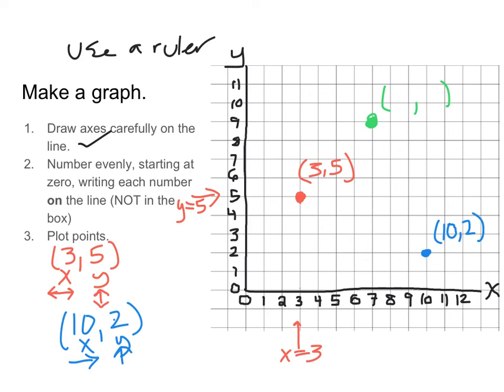Pause and do it now. Did you say it was 7, 9? If not, go back, rewatch, rethink, and when you're ready, go ahead and move on to the practice problem.